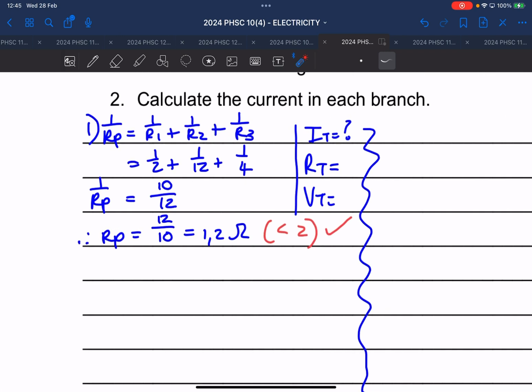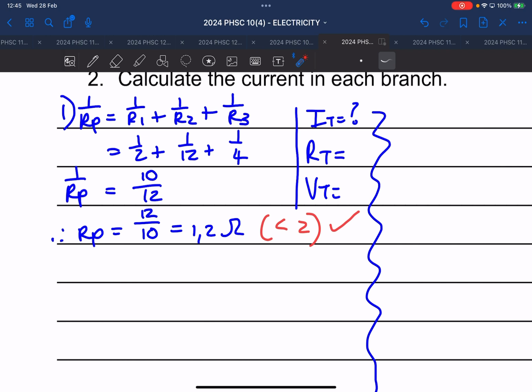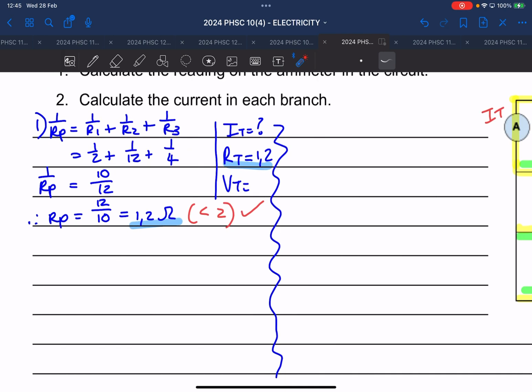Alright. Now we haven't answered the question yet. We've only answered it halfway. We have 3 out of 6 marks. We've calculated the resistance, it is 1.2. The question was, what is the current? For that we need the volts. Karabelu, what is the total volts? It is 6.